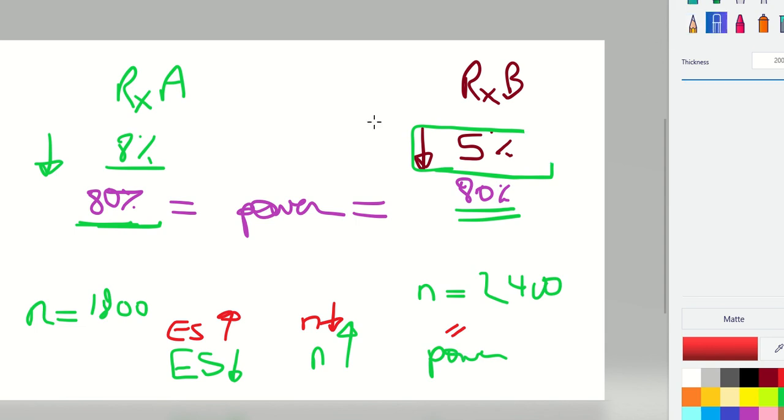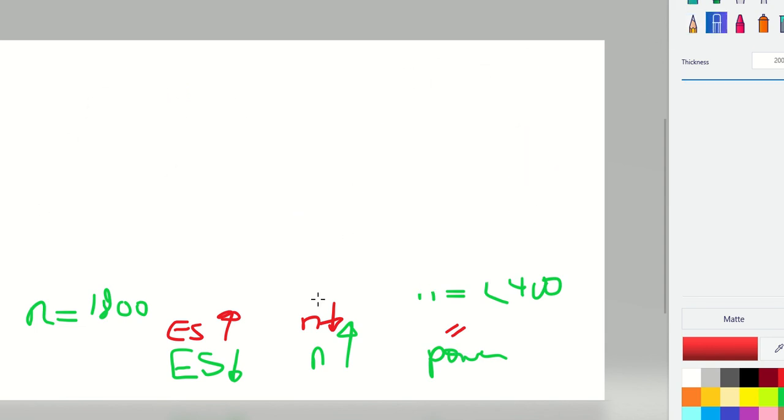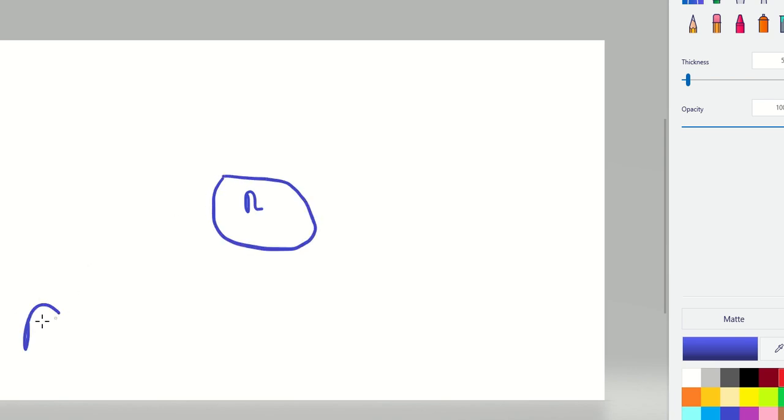Okay, so let's try and recap. When you're doing a study, your sampling technique is important, but also your sample size. What are the three things that impact your sample size? On one hand, you have power. Okay, the higher the power, the higher the sample size.